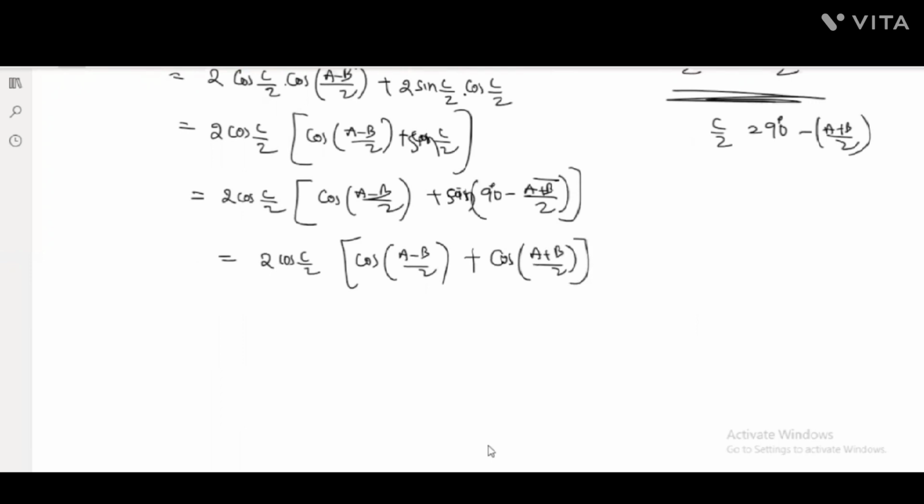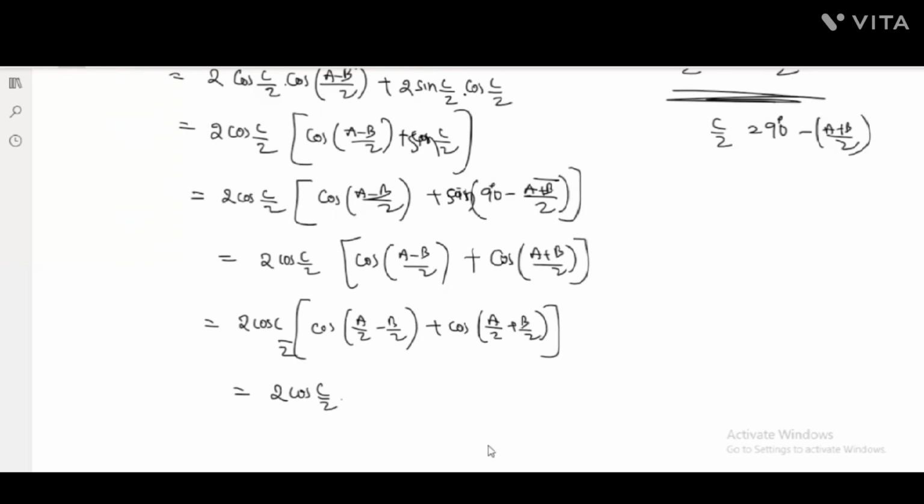How can we simplify this more? We write this as cos of (a by 2 minus b by 2) plus cos of (a by 2 plus b by 2). Cos (a plus b) plus cos (a minus b) is 2 cos a cos b. That means here we will get 2 cos a by 2 into cos b by 2.